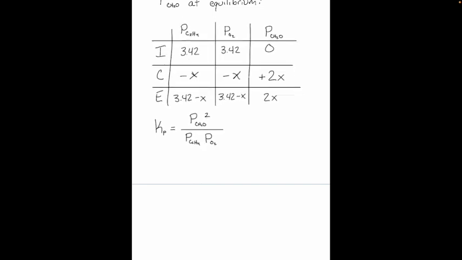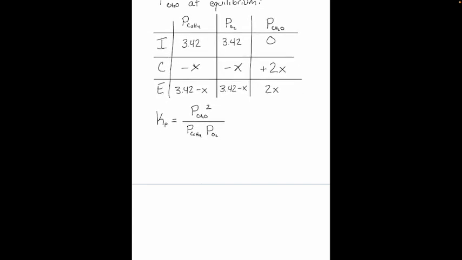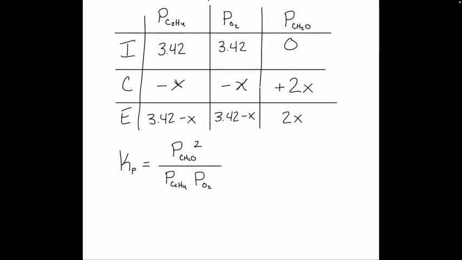Okay, and now that I have my ICE table built, I can fill in my equilibrium expression. The pressure of my product at equilibrium, that's that 2x. The pressure of my O2 is the 3.42 minus x, and same for the pressure of the C2H4.